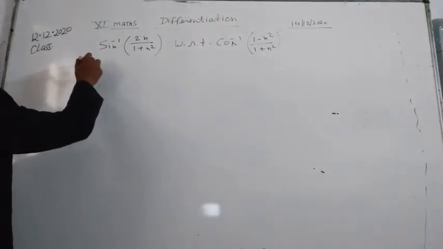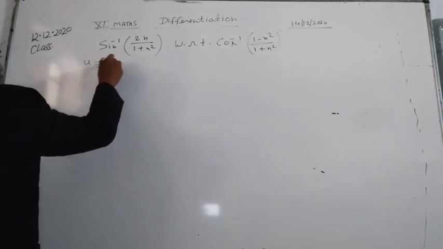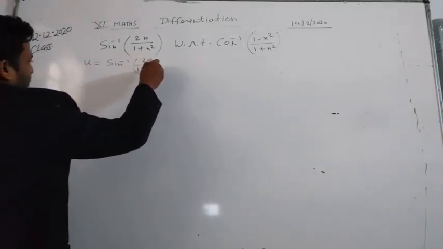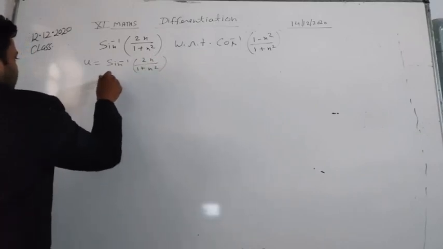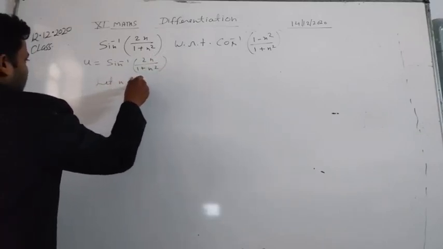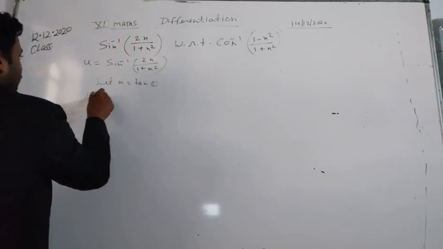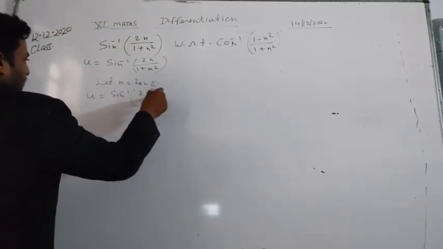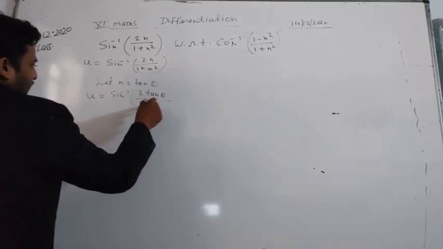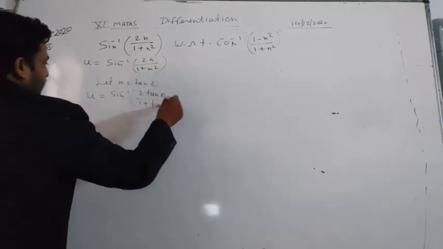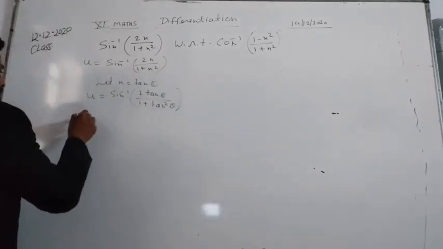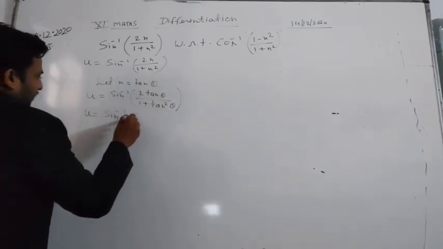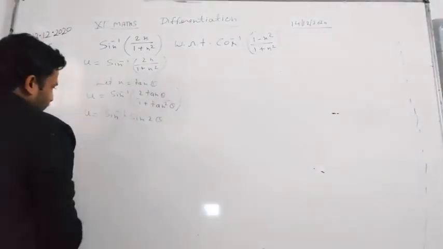So let u be sin inverse 2x upon 1 plus x square. Now we take x is equal to tan theta. So u is sin inverse 2 tan theta upon 1 plus tan square theta, which is sin inverse of sin 2 theta.